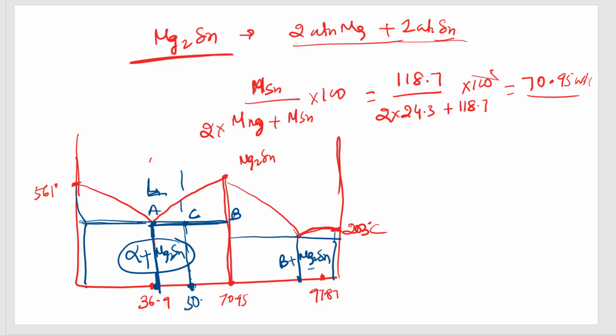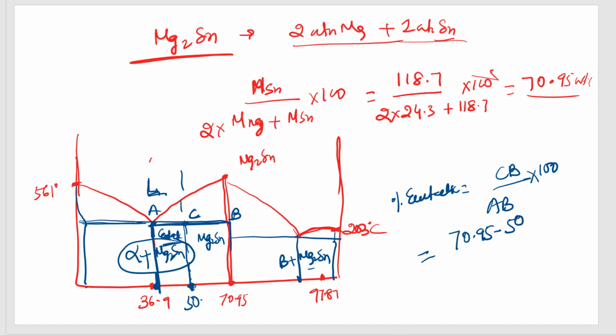So on the left hand side it will be eutectic composition, and on the right hand side it will be Mg2Sn, right? So percentage eutectic composition will be CB divided by AB into 100, right? So CB is 70.95 minus 50, and the total will be 70.95 minus 36.9, right guys?